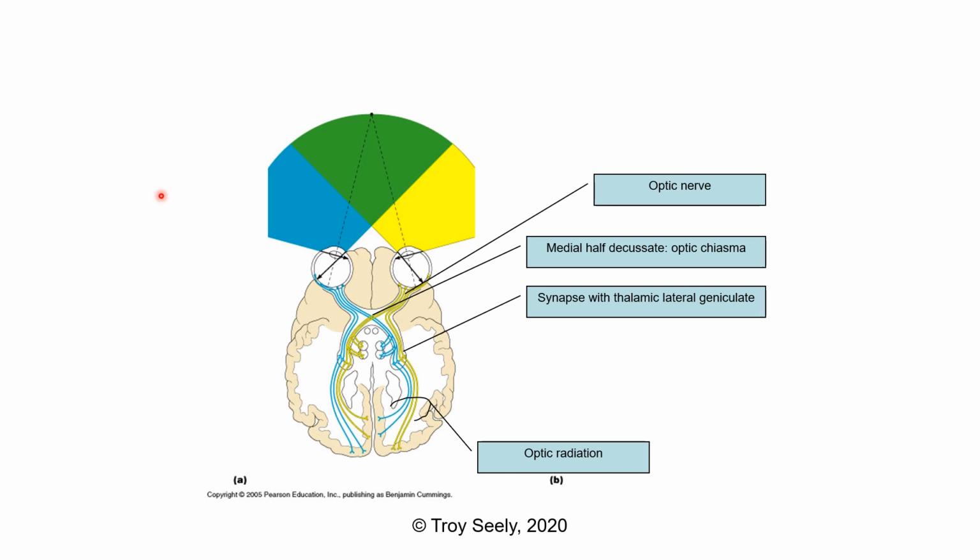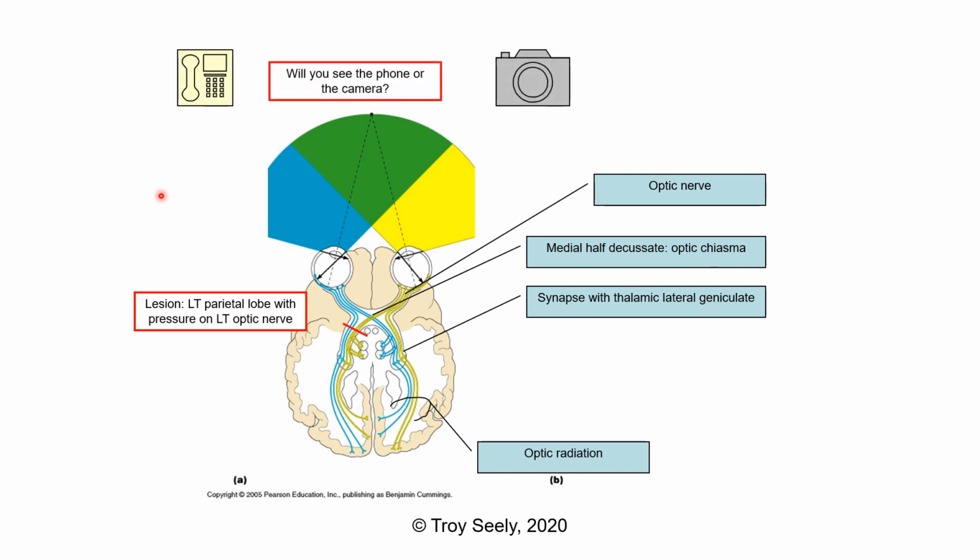Now, let's say that we have here on our left side a lesion. This left parietal lobe will place some pressure on the left optic nerve. That's going to happen right there where we have our red line. Now, if that should occur, that's going to have an impact because things cross on both the left and the right eye.